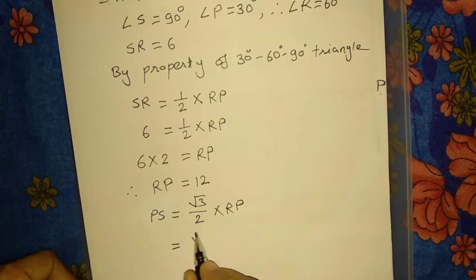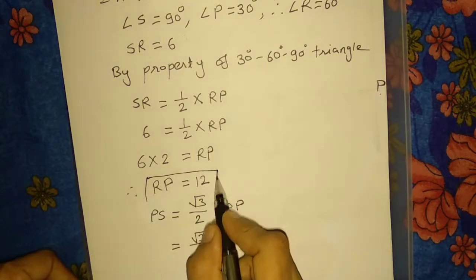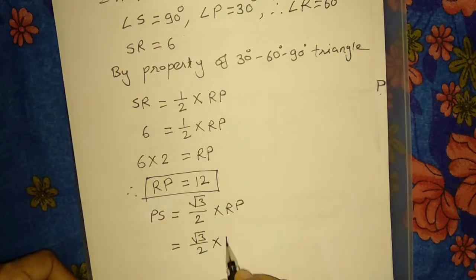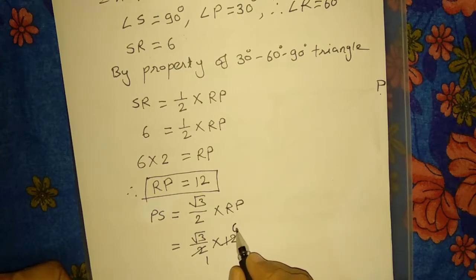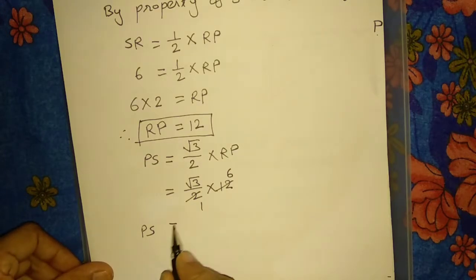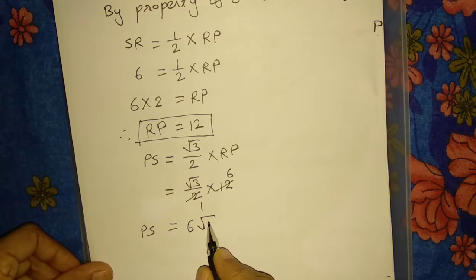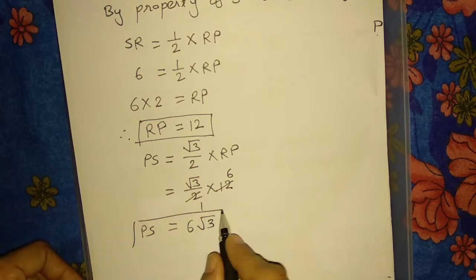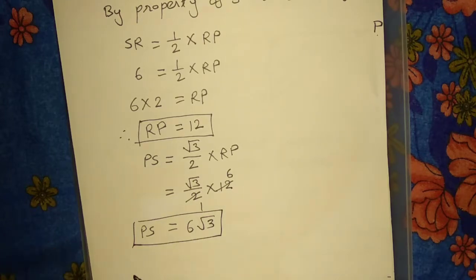RP is 12. काट लेते हैं यहाँ पर, 2 1s are 2, 2 6s are 12. So PS is equal to 6 root 3.